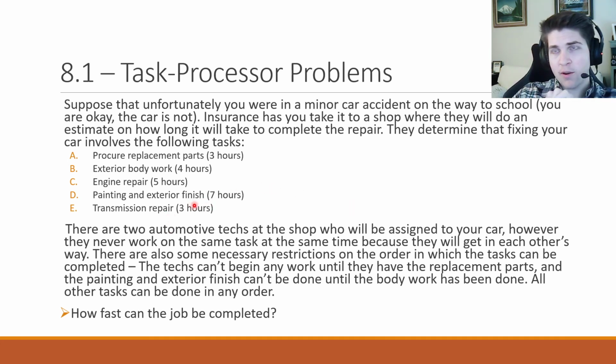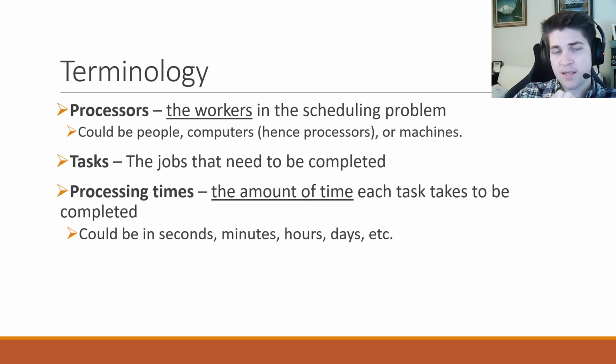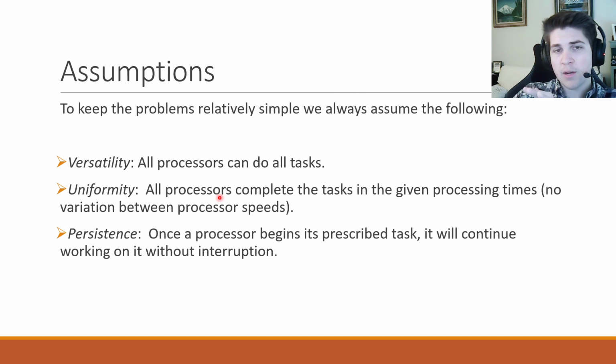They're going to work straight and finish it. Obviously that's not realistic, because nobody's going to work for 7 hours without a break or without food, but if you wanted to, you can build break time into the processing time. We're not going to worry about all those little details, which in a real problem we'd have to consider, but they would make the problem way more complicated, and that's the reason for those assumptions.